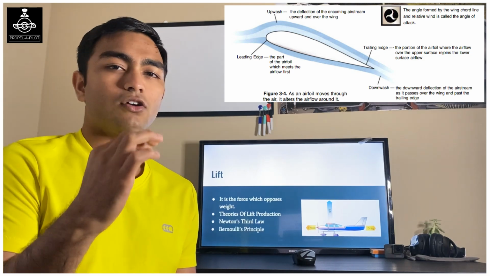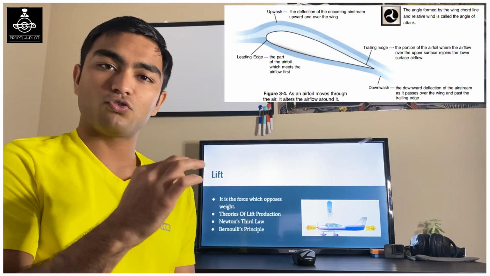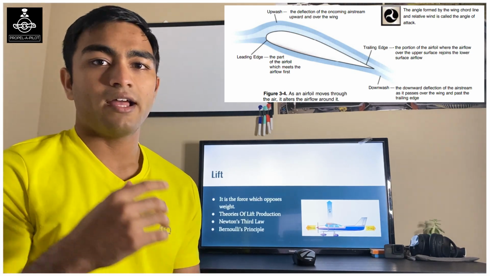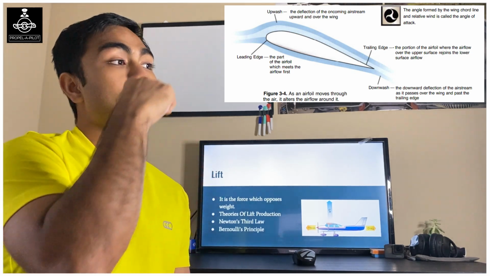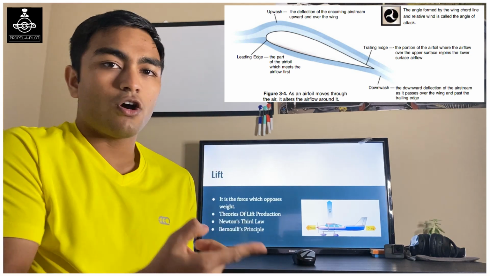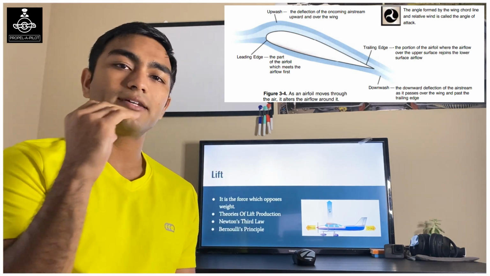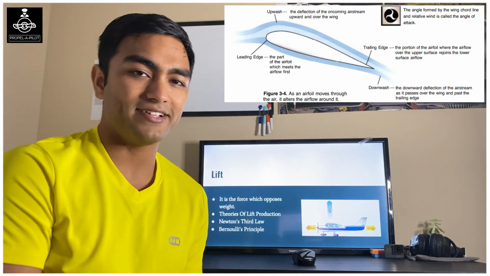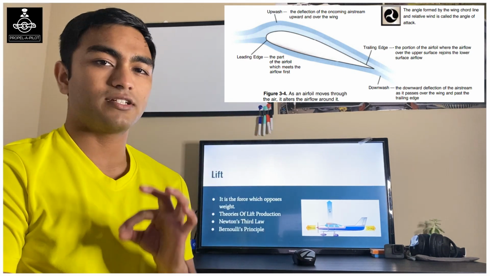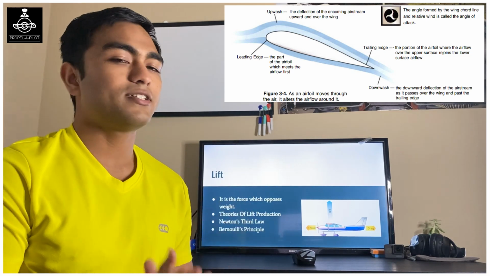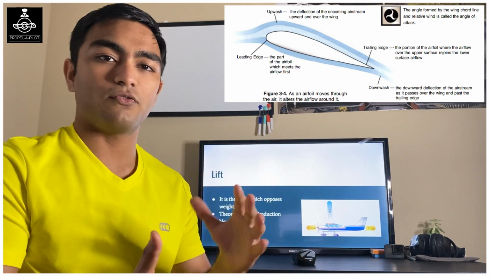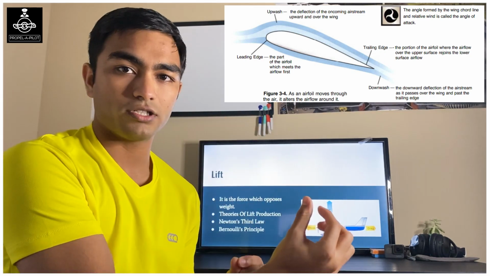The deflection of the oncoming airstream upwards is called upwash, and the downwash is the downward deflection of the airstream as it passes over the wing and past the trailing edge. This downwash is created due to the shape of the wing. The shape of the wing is made in such a way that it creates downwash.